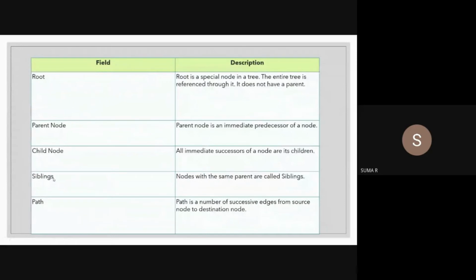Next one, path. Path is the number of successive edges from source node to destination node. See here, A is the source node and J is the destination node. We can see the path from A to J as A to B, that is one edge, B to E, another edge, and E to J, another edge.